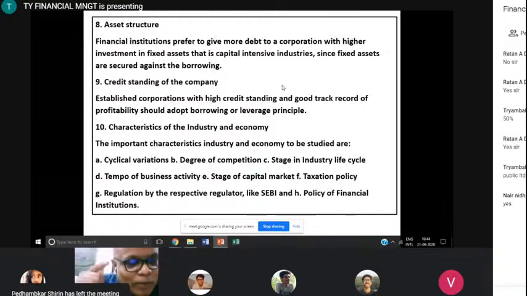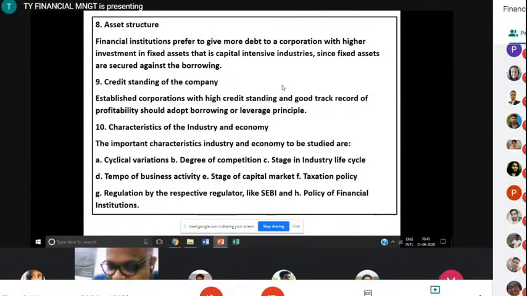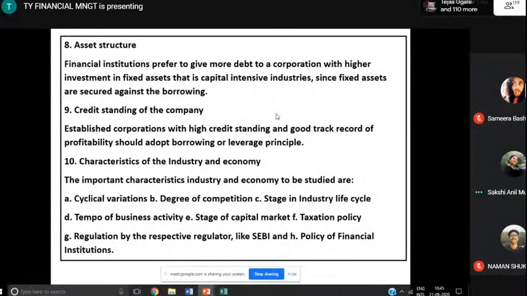What is topic 1? Do you remember topic 1? Chapter 1, analysis of capital budgeting. Very good. Topic 2, ratio analysis.